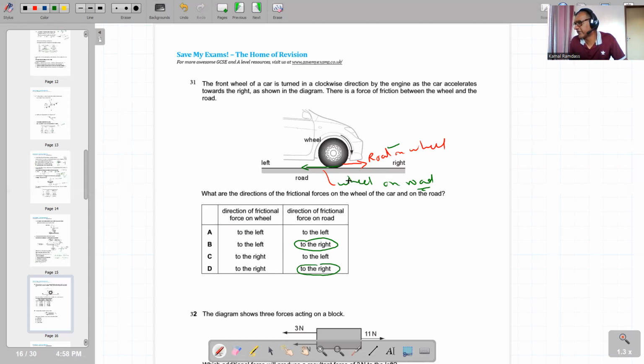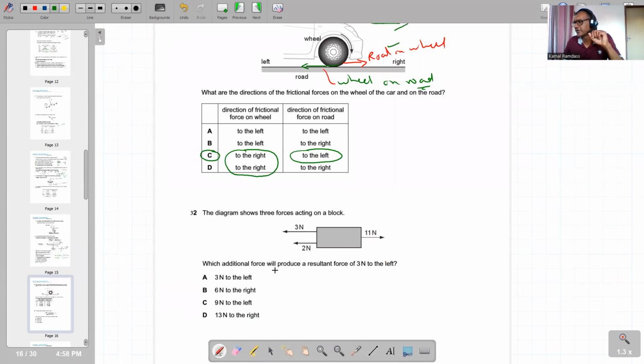And direction of frictional force, yes, here. The frictional force on wheel is to the right here. It is because of this that there is locomotion, motion in this direction. Direction of frictional force on road. The wheel is pushing the road to the left. OK, that means here. And the answer is C.